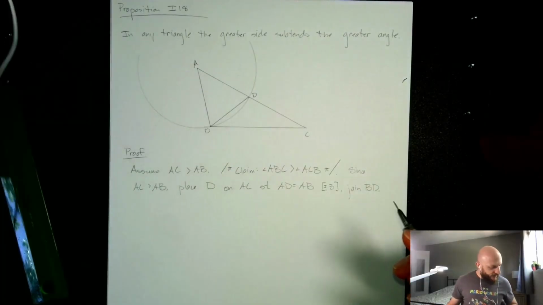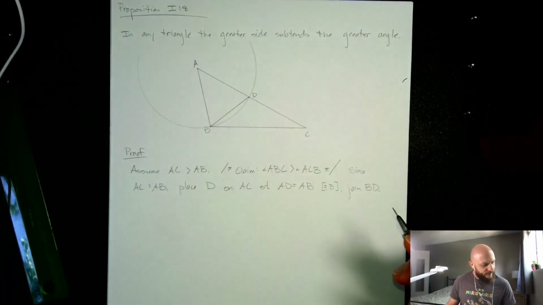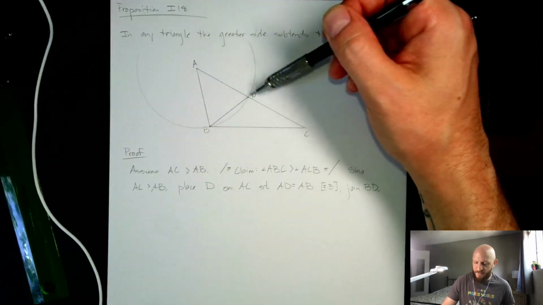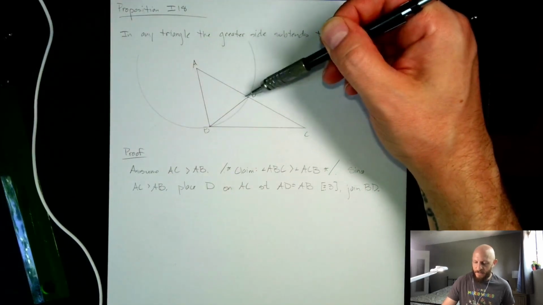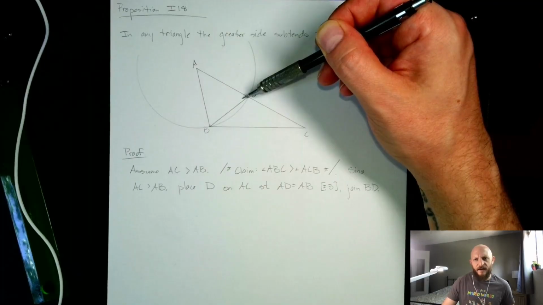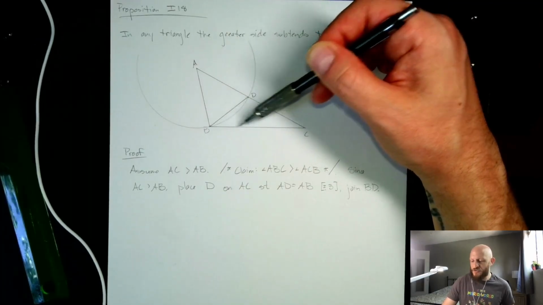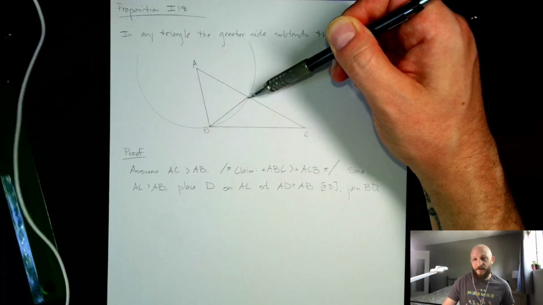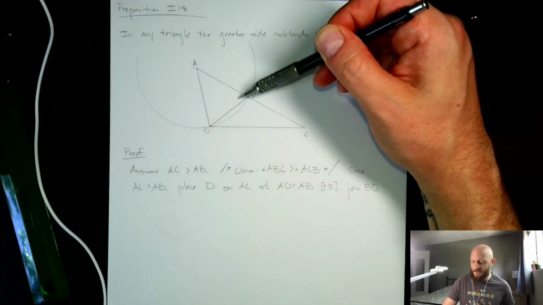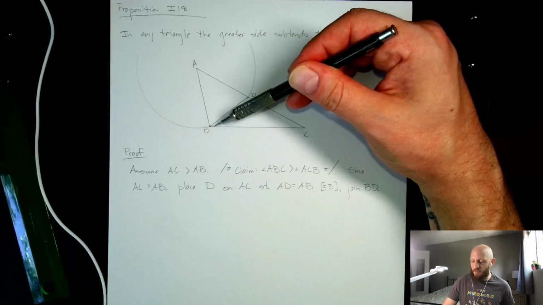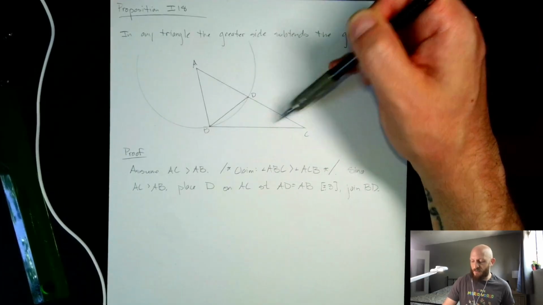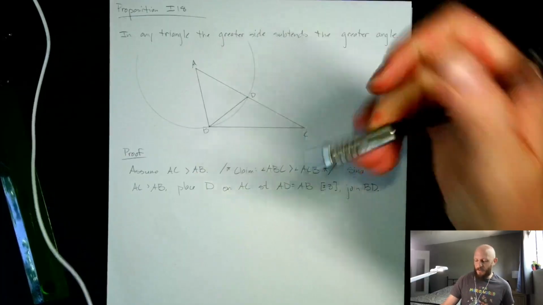What next? All right, since the angle ADB, this angle right here, is an exterior angle to this bottom triangle, we have a proposition that says that this exterior angle is larger than either of the interior or opposite angles.